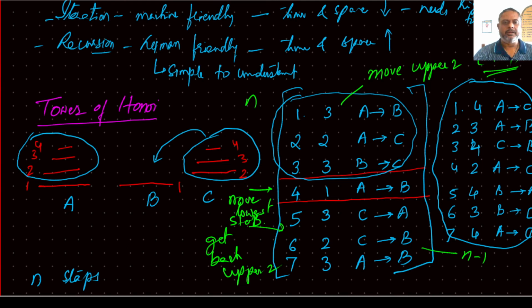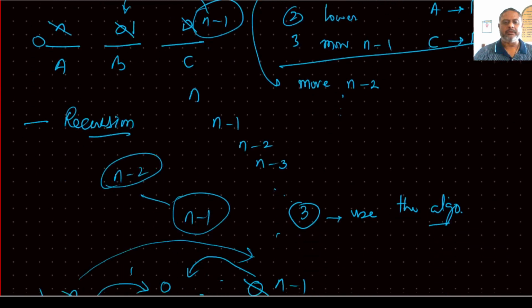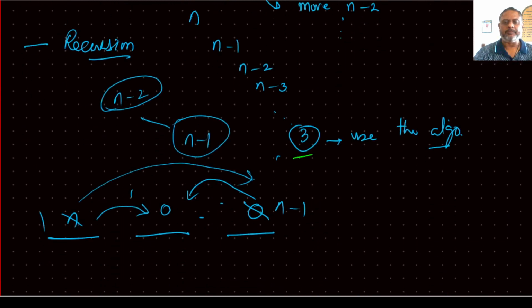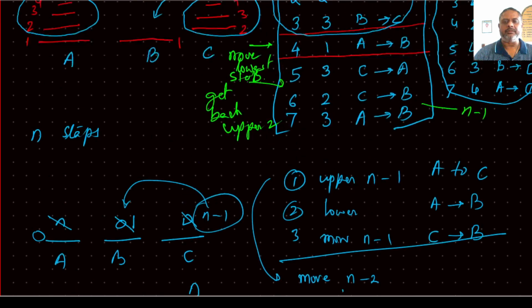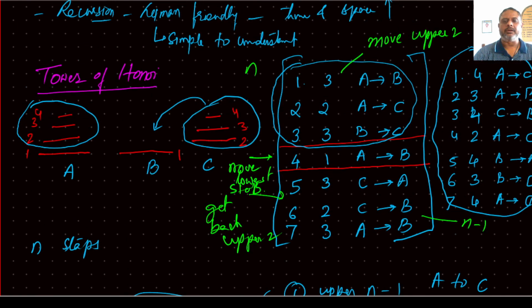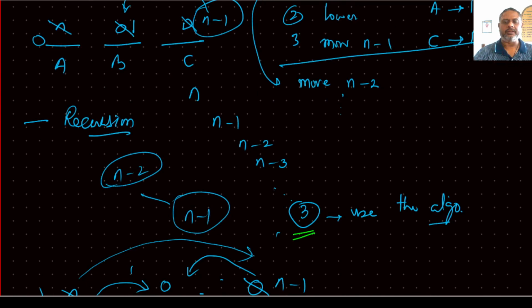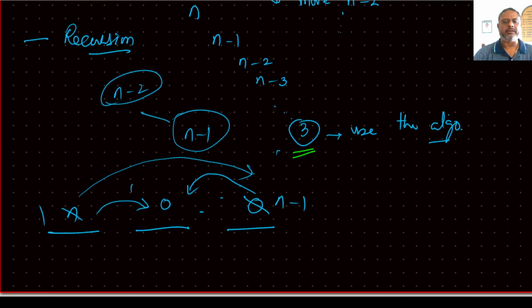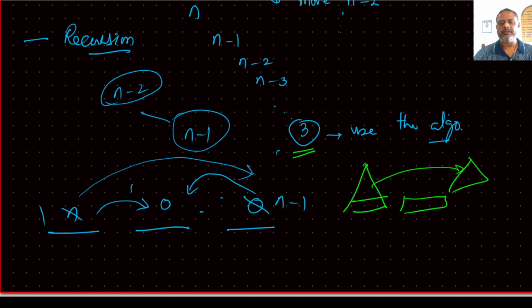That continues till you get down to level 3, because only for level 3 we have the correct solution. For all others, I can just use the same logic and keep telling in an abstract way: just move the upper things and then move the lower thing and finally get back the upper thing.